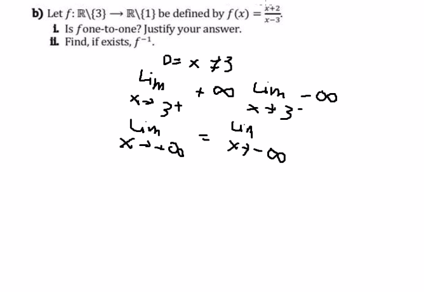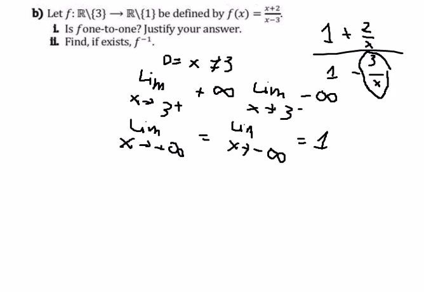So you get about 1, because we divide both numerator and denominator, just like 1 plus 2 over s divided by 1 minus 3 over s. So this one goes to 0, this one goes to 0. That's why we have 1 divided by 1.